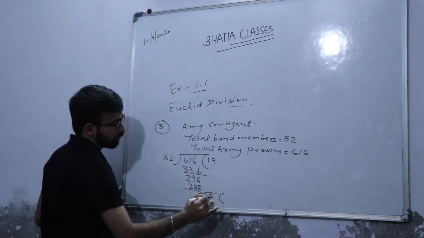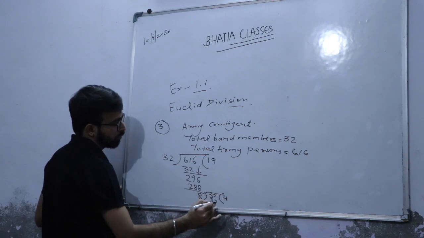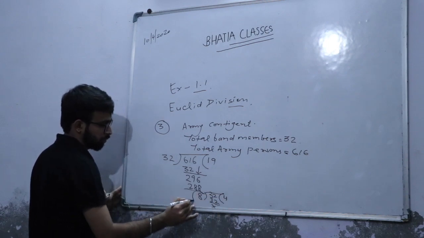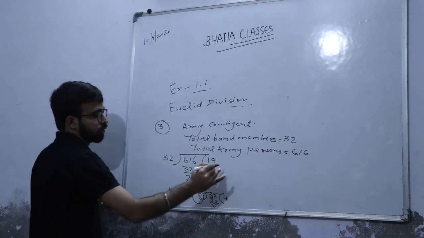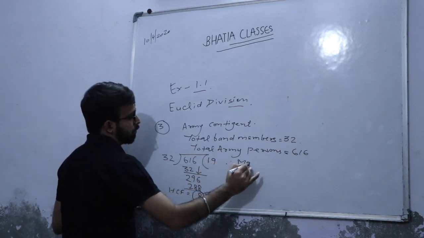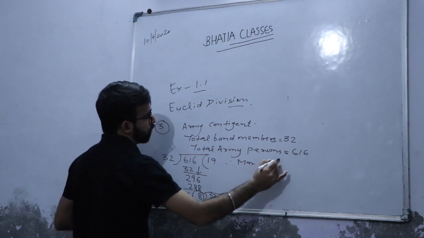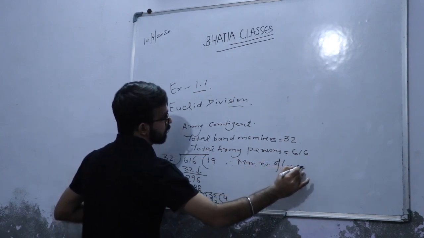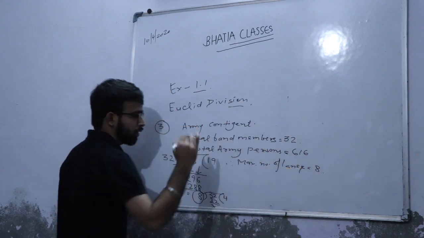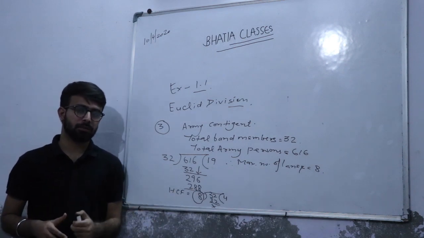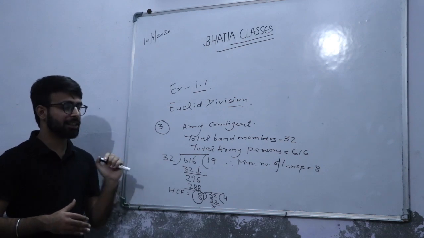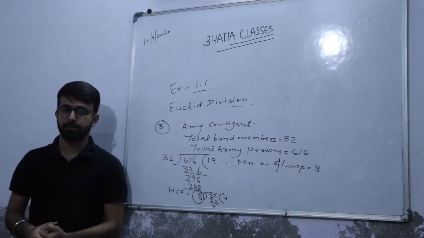Take it here. 8 4 is to 32. 8. This is the HCF. Therefore, maximum number of lanes is equal to 8. Now you will ask me when to find LCM. That will be explained in the next exercise.